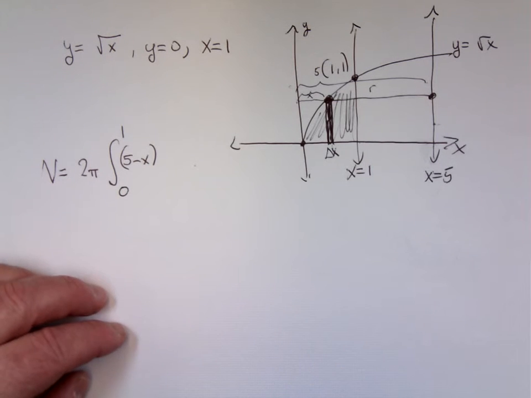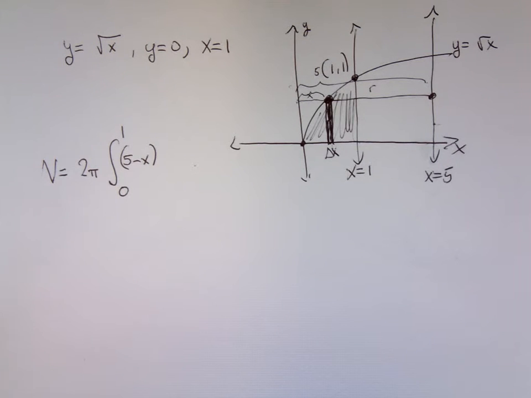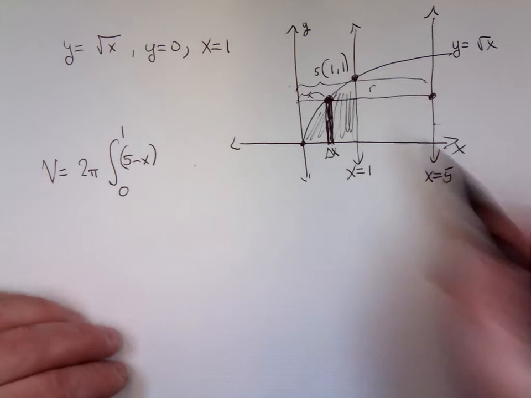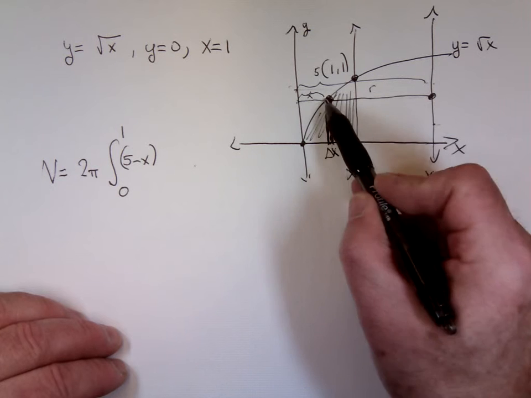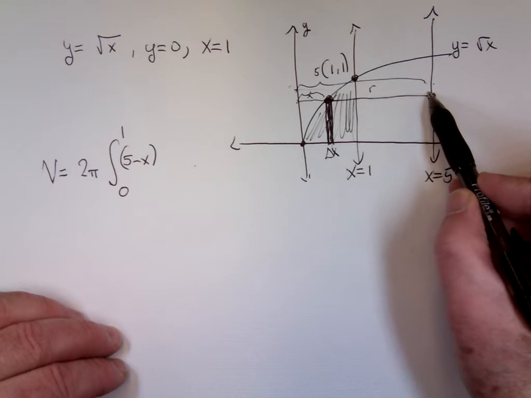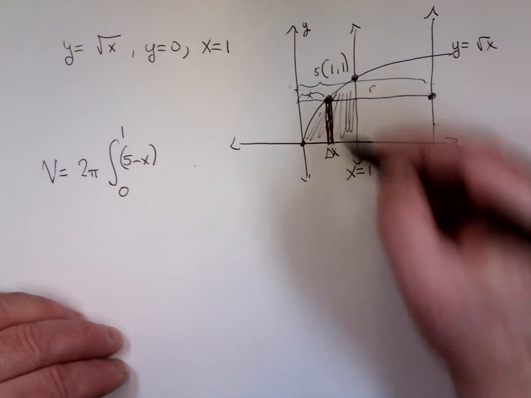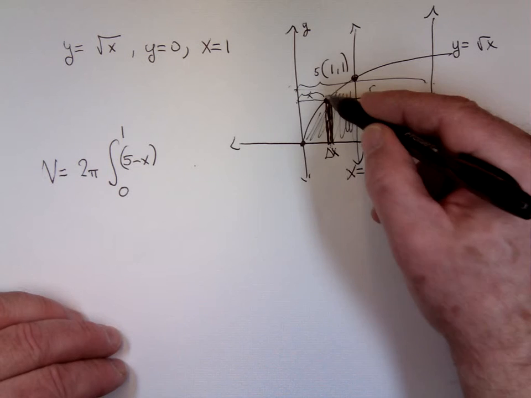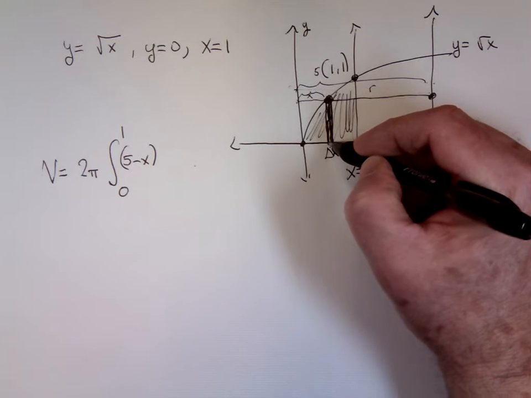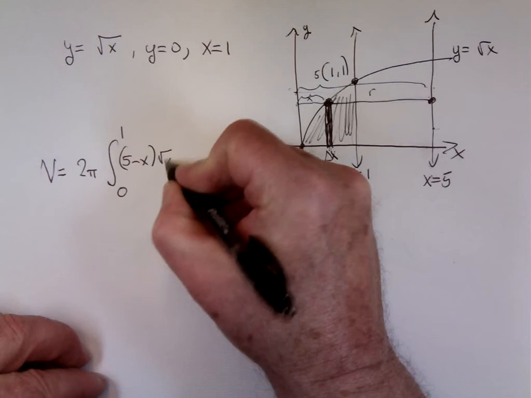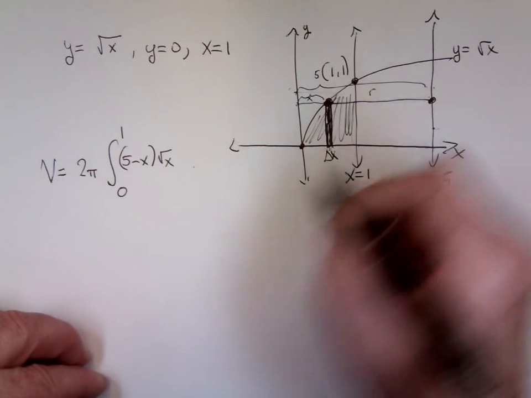Okay? It's the kind of thing you're going to have to be able to do. It's fairly typical when you do these problems. 5 is this distance, x is this, so what we're looking for is 5 minus x. H is this height, and that is equal to the square root of x. That is correct. It's equal to y, which is the square root of x.